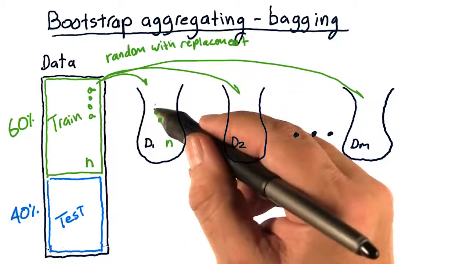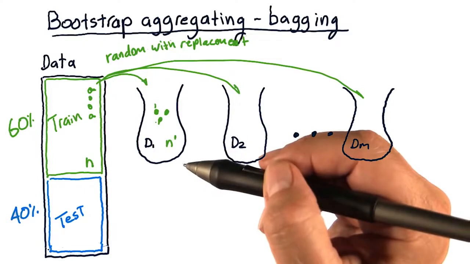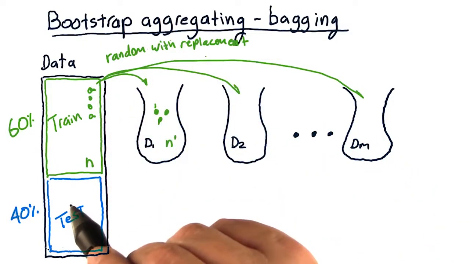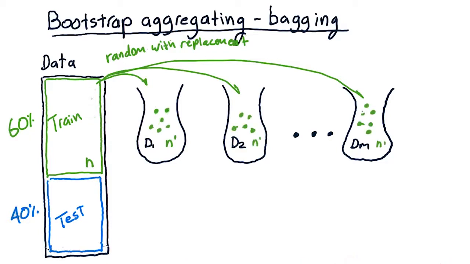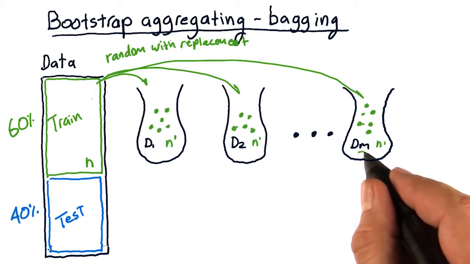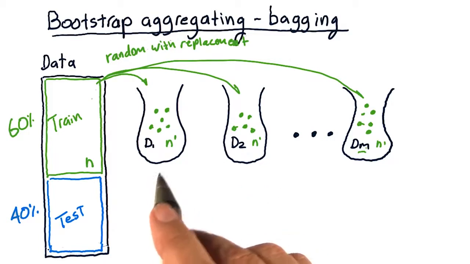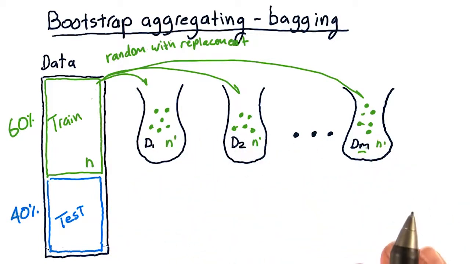So this one and this one are really the same one, and they're repeated twice. And that's okay. That's what with replacement means. So we create altogether m of these groups or bags, and each one of them contains n prime different data instances chosen at random with replacement.